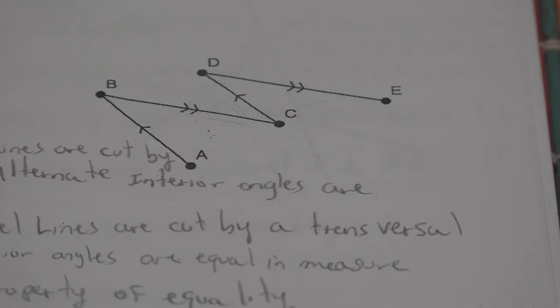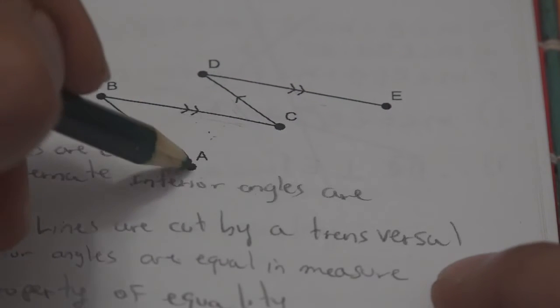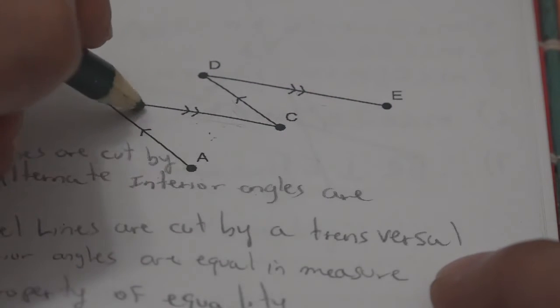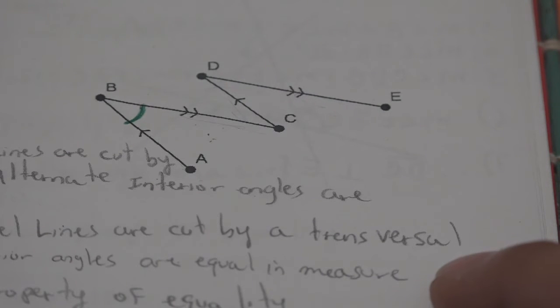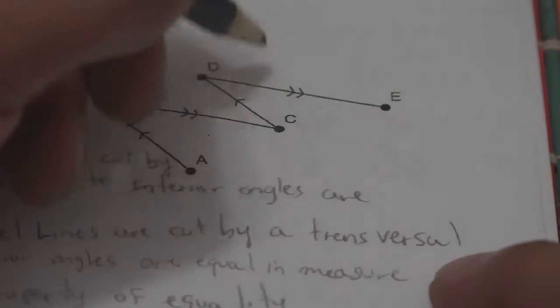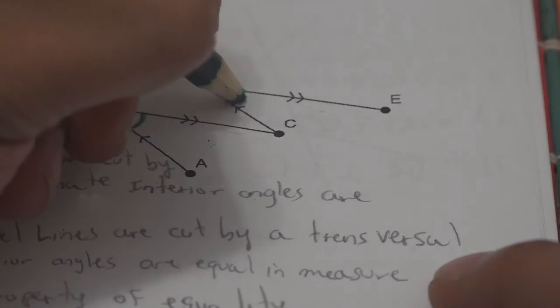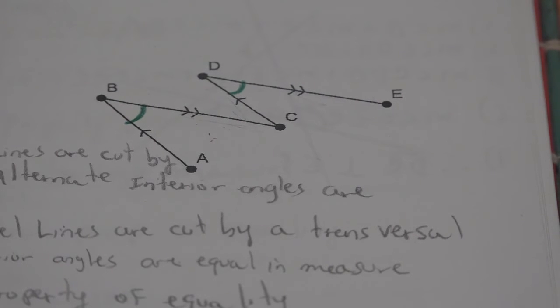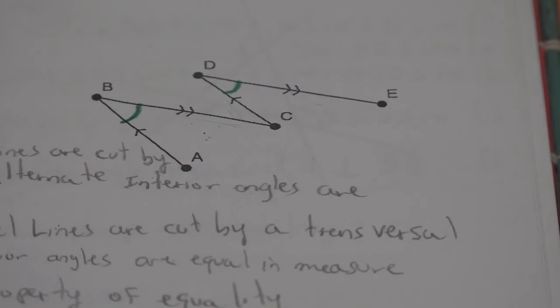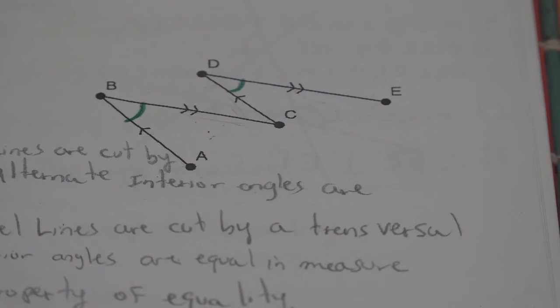So that angle ABC, this angle right here, is congruent to angle CDE. Okay then. So I can definitely say that they are congruent. Now the problem is, why are they congruent?